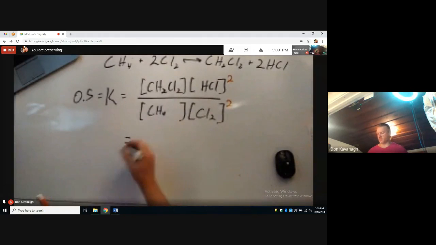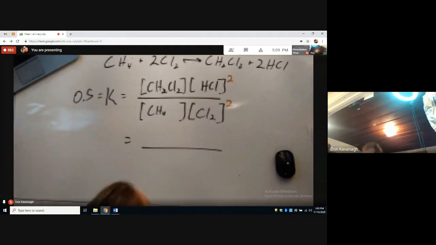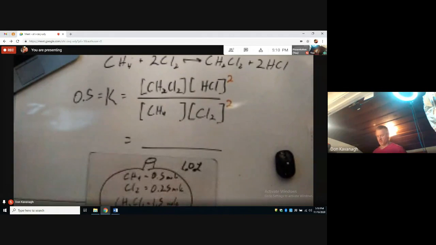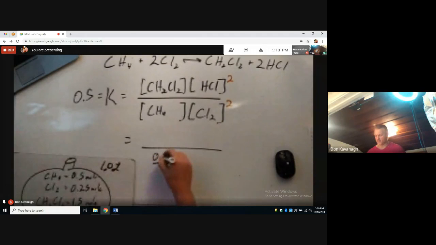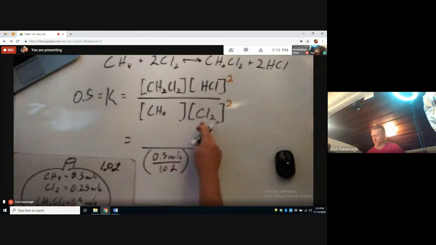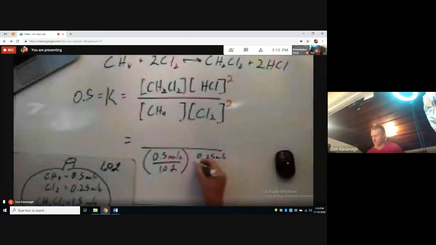Remember that square brackets is hieroglyphics for molarity. So kind of filling in what we know here. CH4, we have 0.5 moles inside of a 1 liter container. For Cl2, we have 0.25 moles inside of a 1 liter container.